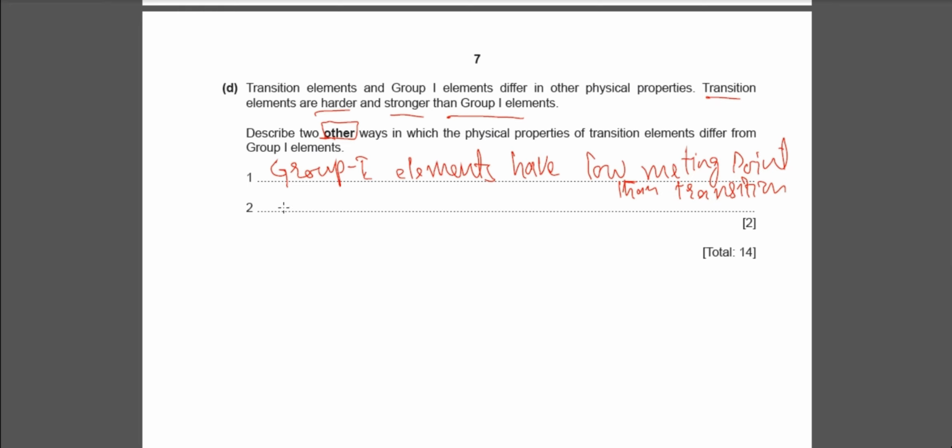The second one, group 1 elements have low density than transition elements.